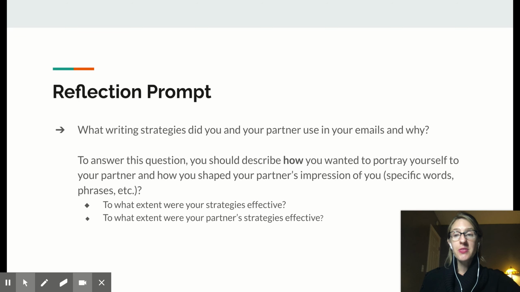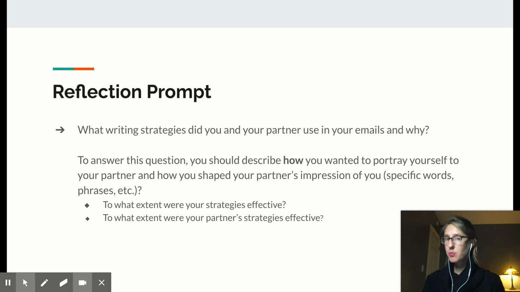The reflection prompt for week 4 for the assignment that's actually graded is as follows. Essentially, we ask students to focus on the strategies that they and their partner used in the emails and why. The reason we do that is because we want students to be thinking about making purposeful choices about their writing, and also reflecting on if their strategies were effective and to what extent their partner's strategies were effective.